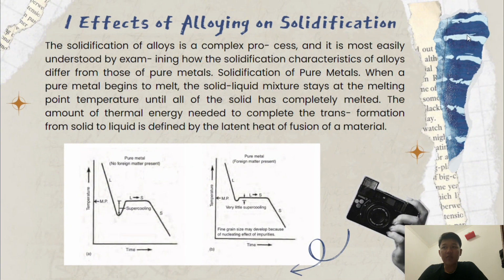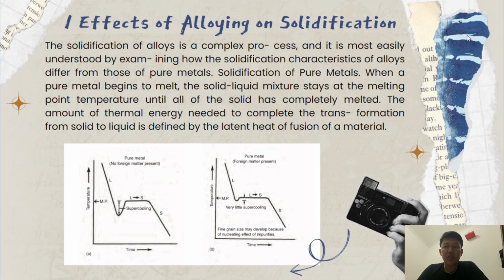1. Effect of alloying on solidification. The solidification of alloys is a complex process, and it is most easily understood by examining how the solidification characteristics of alloys differ from those of pure metals.